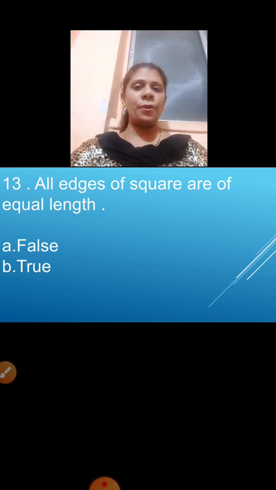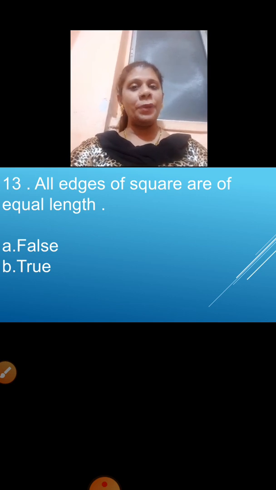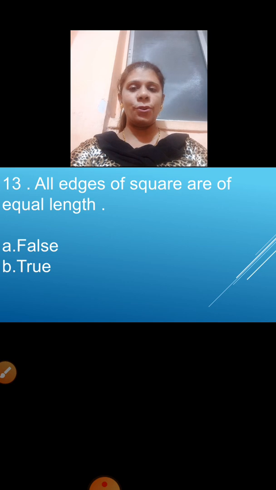So which option we are going to take? All edges of a square are of equal length. Yes or no? Yes? Okay. So which answer we are going to take? True. Correct. It is true. All edges of square are of equal length.